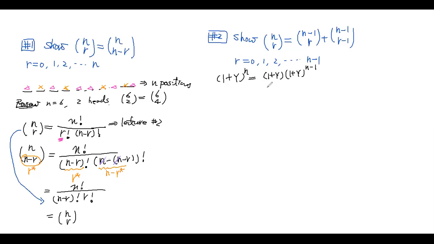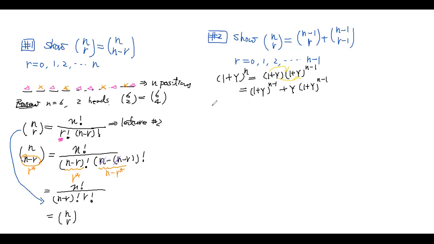Now I can use the distributive property. So this will give me 1 plus y to the n minus 1, plus y times 1 plus y to the n minus 1, right? This is pretty straightforward algebra, right?